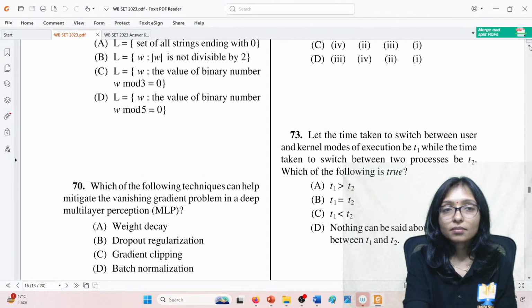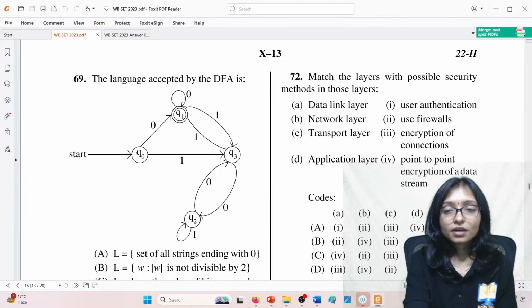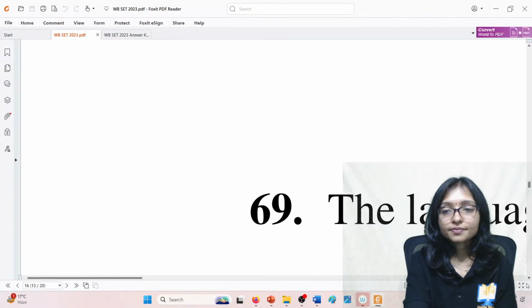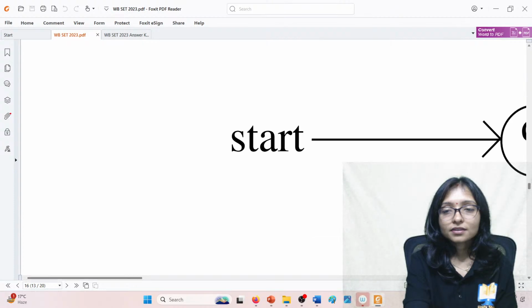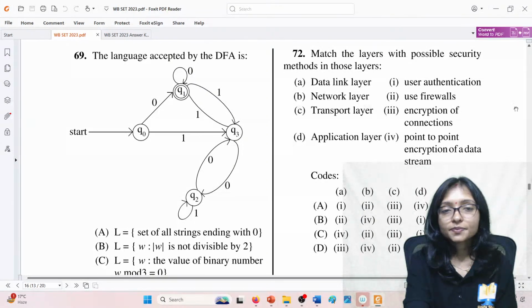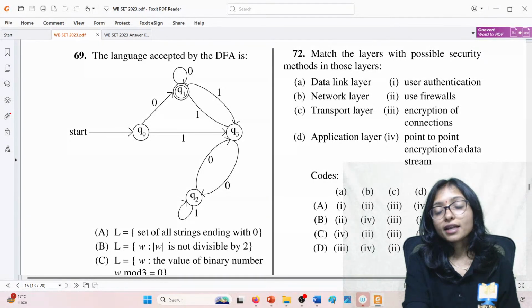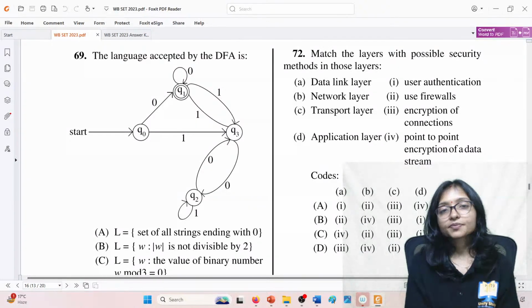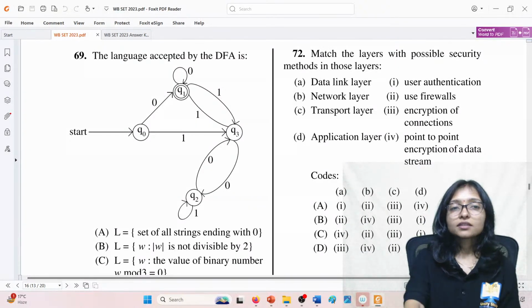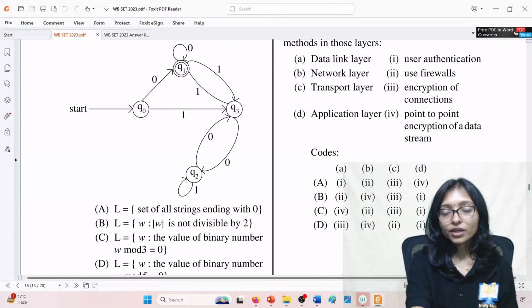It is question number 16. Here I am zooming the diagram. Yes, I hope it is clearly visible. Draw the diagram in your notebook, then tell me what the answer will be. This DFA is accepting what type of language?